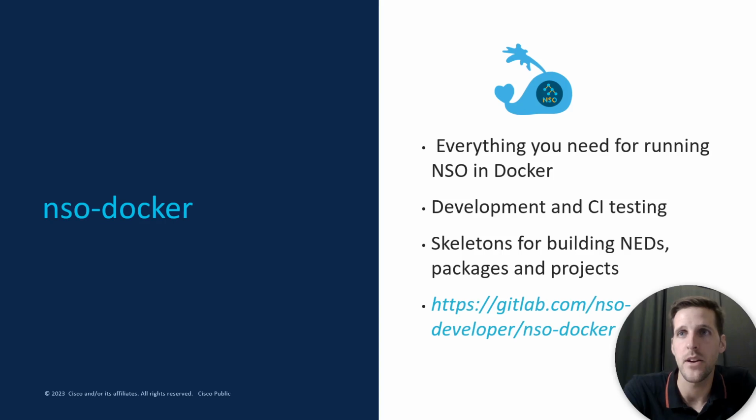There are skeletons for building network element drivers as Docker images that you can then compose together in a project. There are makefiles with reusable targets. There are even GitLab CI definitions to get you started with awesome testing environments. While this one might be a bit overwhelming at first and you really need to grasp all the concepts and how everything composes together, I think it's really a worthwhile investment.